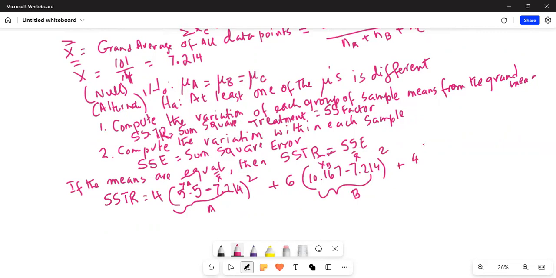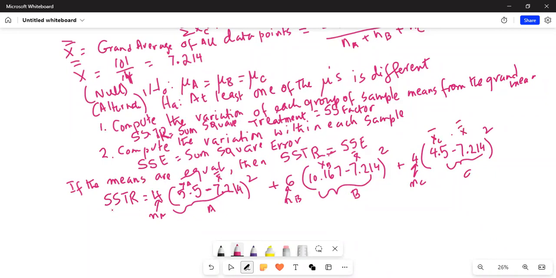Sample size is 4 for C and its mean was 4.5. How far is it from the grand mean, 7.214? And you square it. 4 comes from the sample size. So this is NA, this is NB, so all the squares are multiplied by the sample size. This is NC. And this is coming from C. So this is XC bar and this is the grand average.